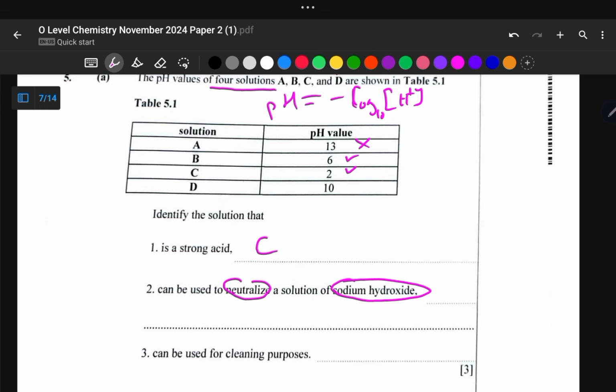So for option B, it is safer and more controlled for neutralization, like in practical settings for titration and minor spills. But option C is more aggressive and can be too strong for controlled neutralization. So it needs caution to be used, right? So we give option B and option C.